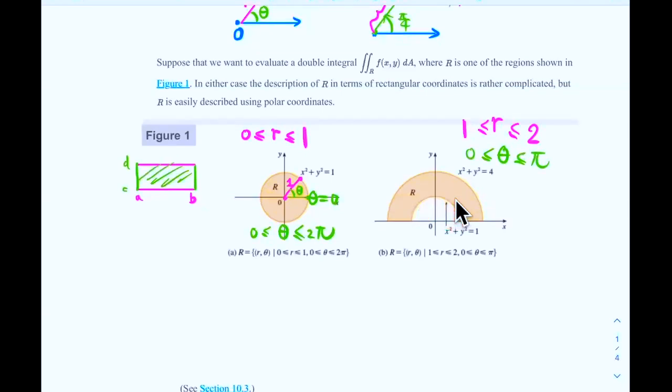Compared to rectangles, you see the similarity: for a rectangle, x and y are bounded by constants; for polar coordinates, r and theta are bounded by constants. Sometimes we call this a circular rectangle.